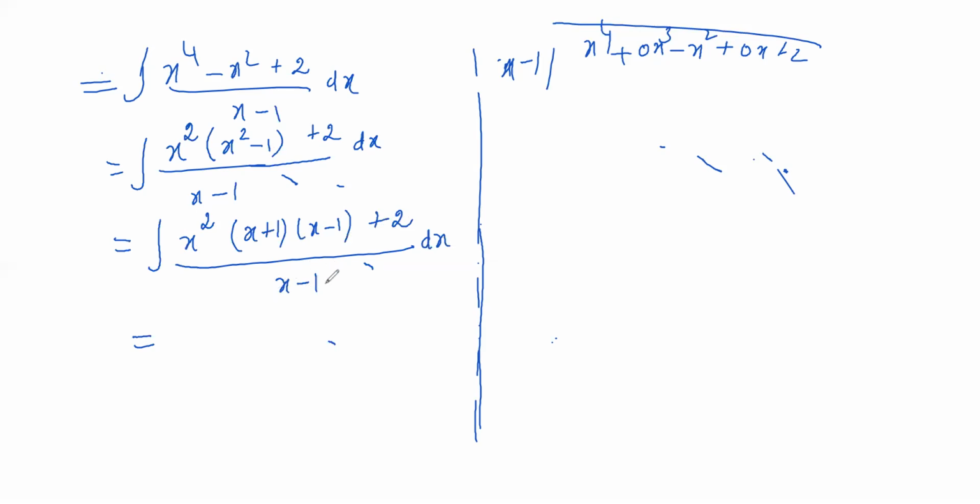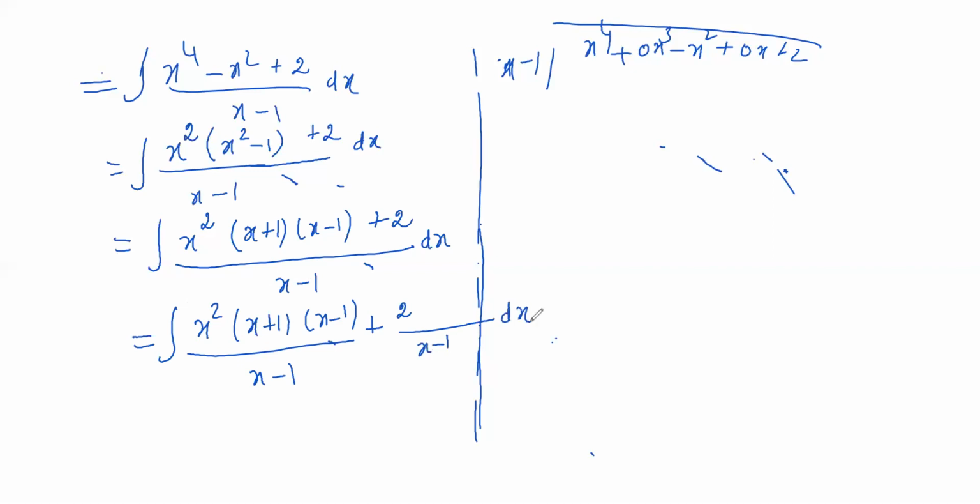So we can split: the first term is x squared into x plus 1 into x minus 1 by x minus 1, then the second term, 2 by x minus 1, dx.